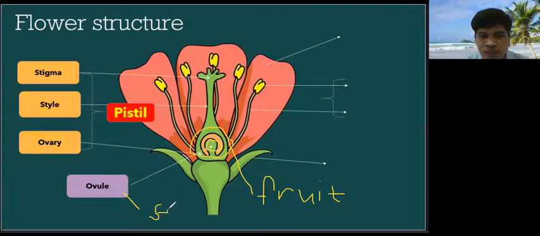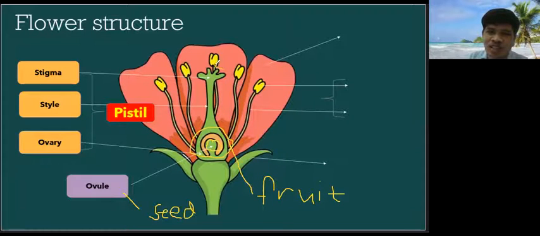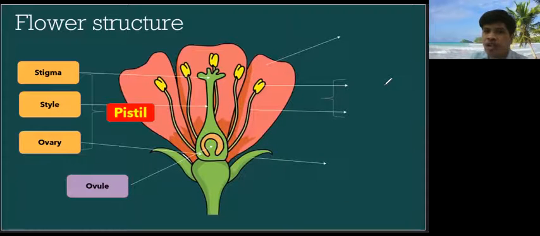Again, the ovary will become the fruit and the ovule will become the seed. Together, the stigma, style, and ovary are called the pistil, or the female part of a flower.